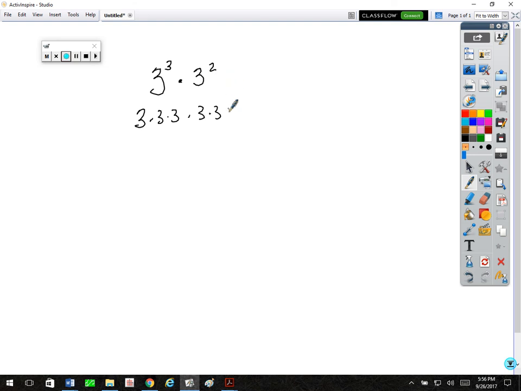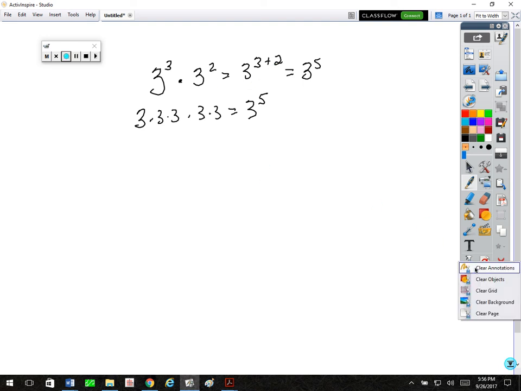If I add these together, my base is 3, and I have 1, 2, 3, 4, 5. So the shortcut way is to just say, my base is 3, I'm going to keep it, and I'm going to add the two exponents. So it's 3 to the 5th power. Now I can actually evaluate a little bit further, but you can use your calculator for that. I wanted you to get the concept of just keeping the base, adding your exponents.